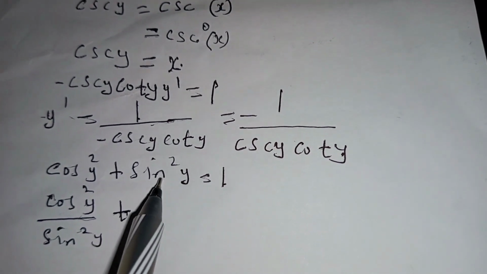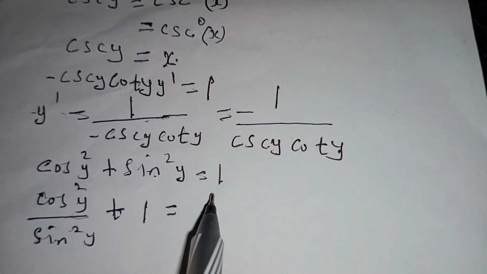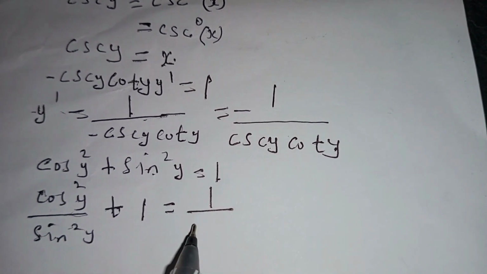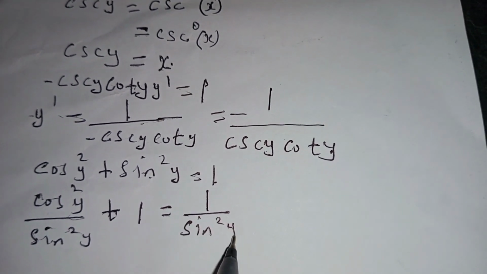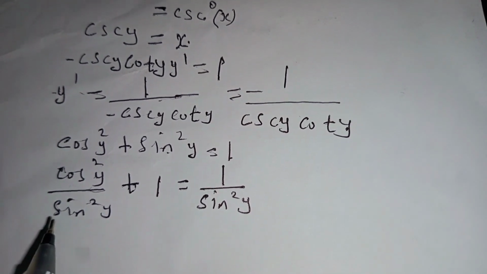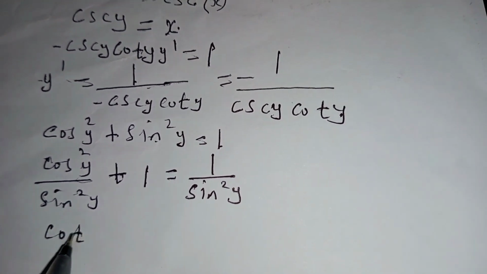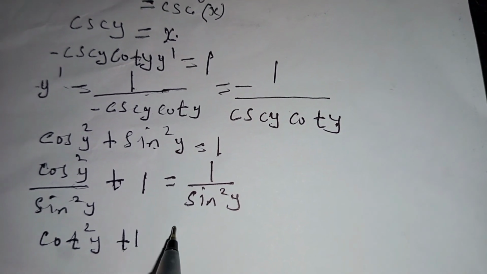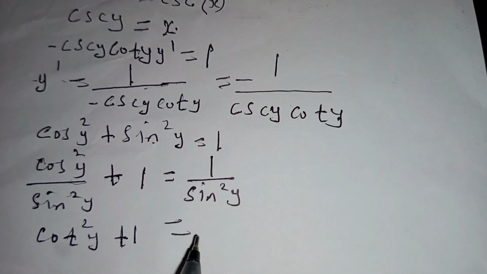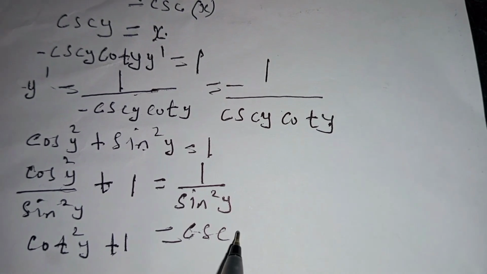When you divide sine squared of y by itself, you will be left with 1, which is equal to 1 divided by sine squared of y. Now cos squared divided by sine squared, the result is cot squared of y plus 1. 1 over sine squared of y is the same as cosec squared of y.